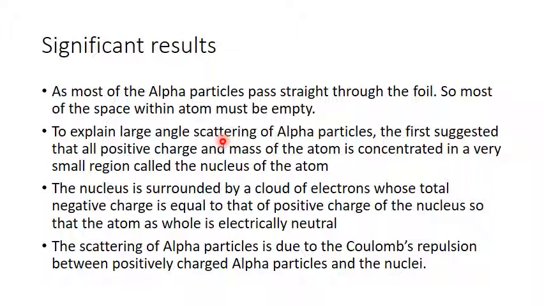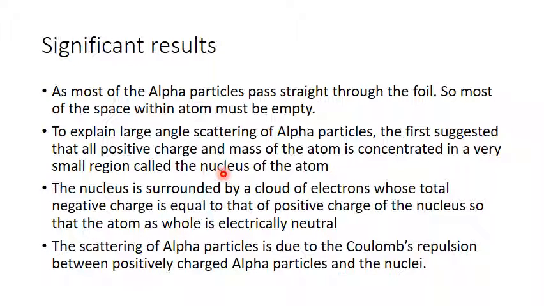To explain this, they suggested that the mass of the atom, which is positive in charge, is concentrated in a very small region at the center, known as the nucleus of the atom.